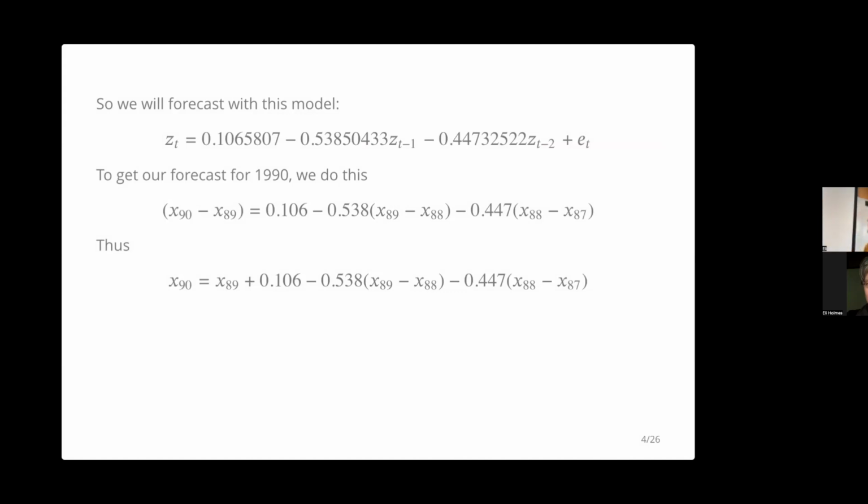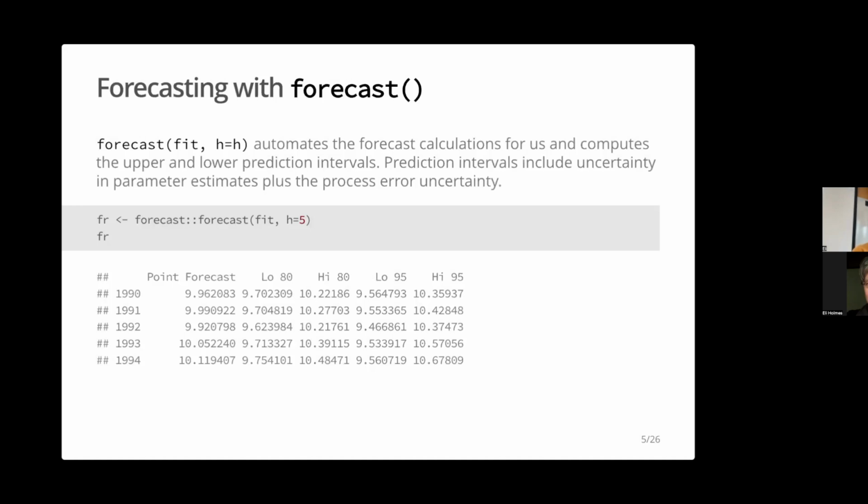You would fit that model, and then you have to go through, put all these differences in there, and keep moving things around, do a bunch of algebra, and you'll come up with your forecast for the next year. So that's what the forecast function is going to do for you.